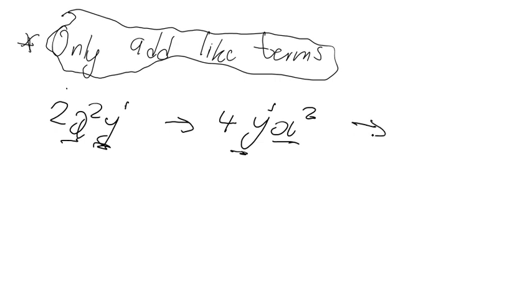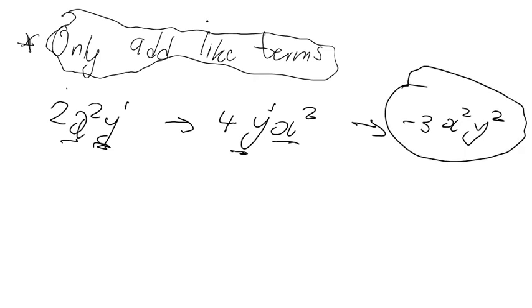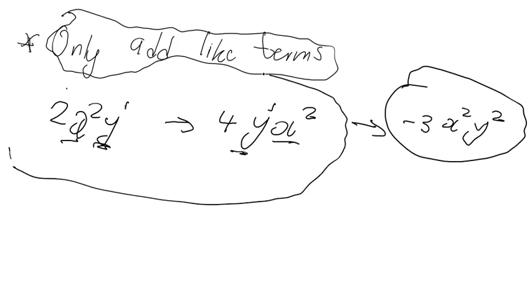If I put another one, let's say negative 3x squared y squared, this is not a like term to these two. Yes, they all carry x and y, but the exponents are not similar.